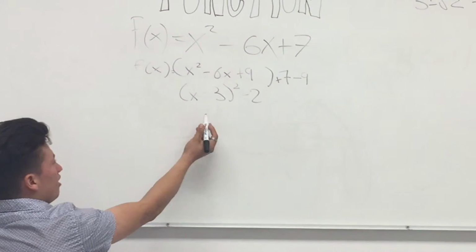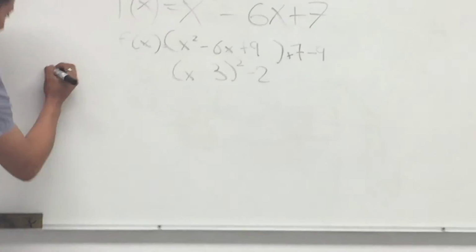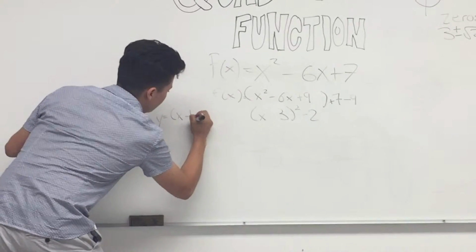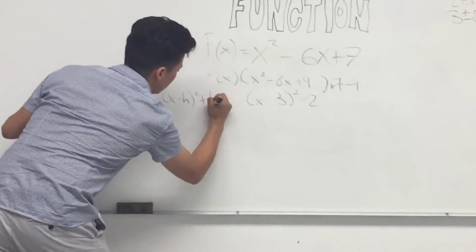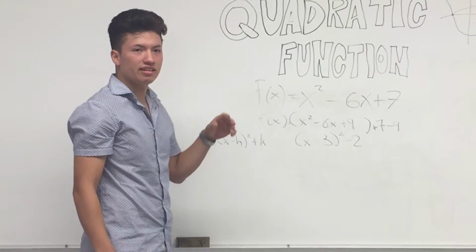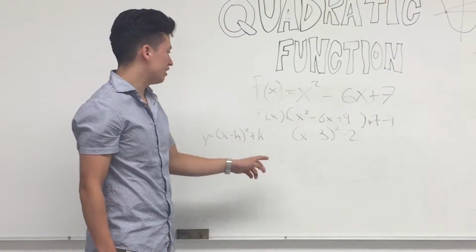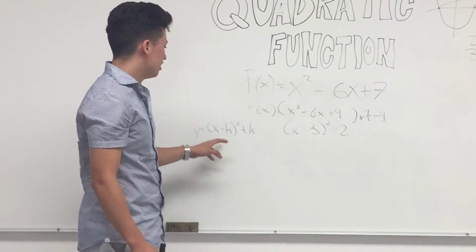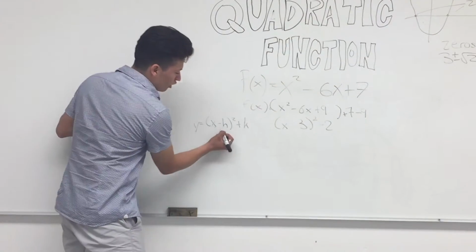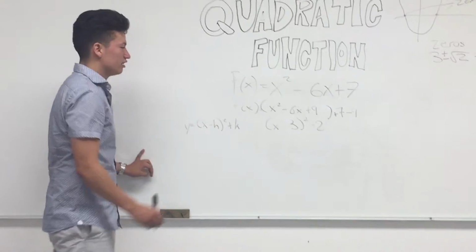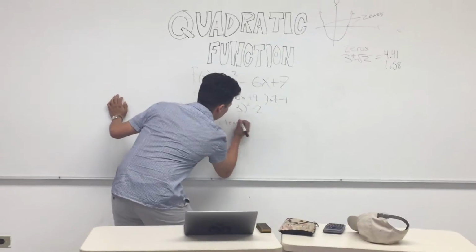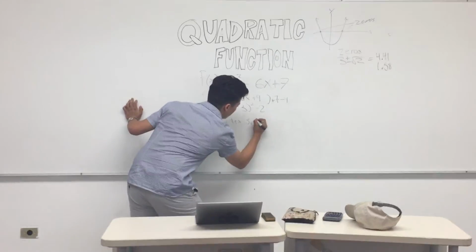And this standard form is always y equals (x minus h) squared plus k, in which h is the x point and k is the y point, but h always takes the opposite sign. So now we know that the vertex is 3, comma minus 2.